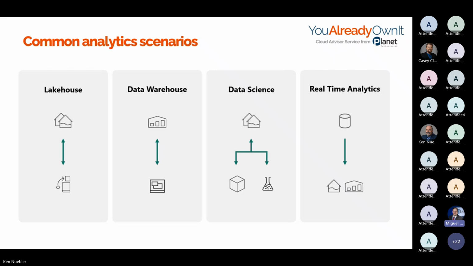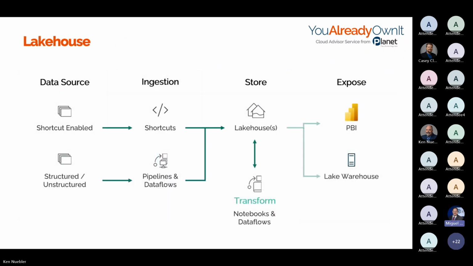Next slide, please. From a lakehouse perspective, pretty straightforward. When you see the data source, shortcut enabled and structured and unstructured data, those could be stored in my OneLake or coming from outside. I ingest those things, and then they're stored in a lakehouse. Remember, this is an ELT situation, right?